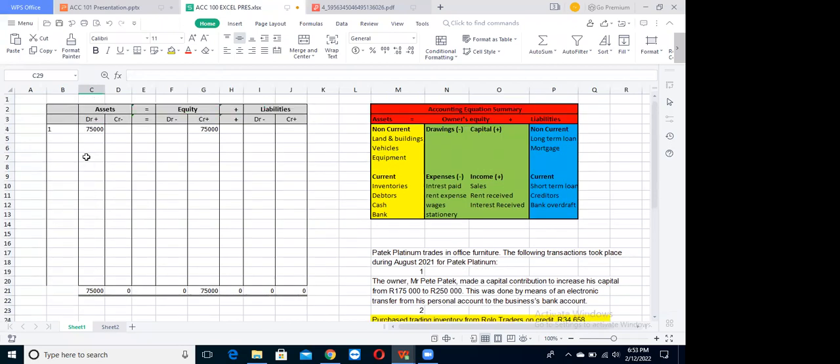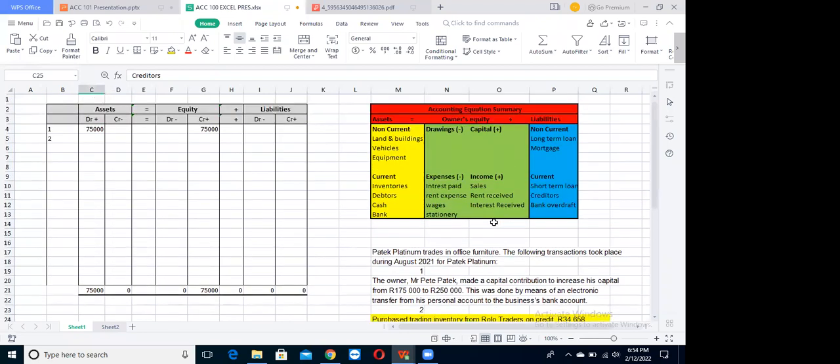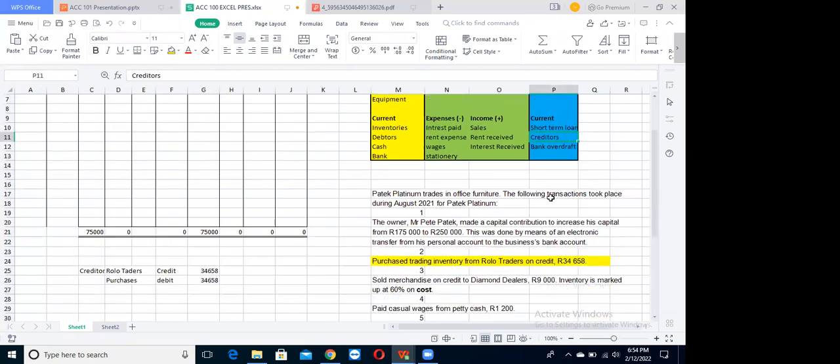Okay, so the first account is Rollo Traders, and we've created what we call creditors. We are going to credit them. So we might as well go and write number 2. Okay, first, whom are we crediting? Rollo Traders, which we said is a creditor. And if you want to know what creditors are, we just come here and navigate.